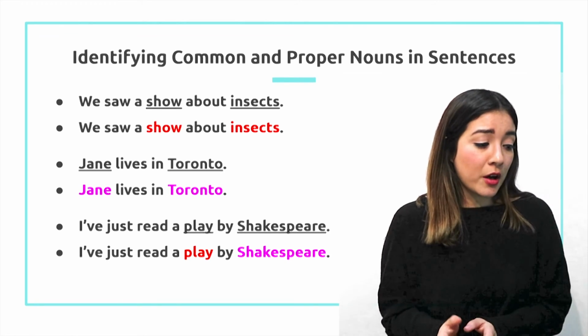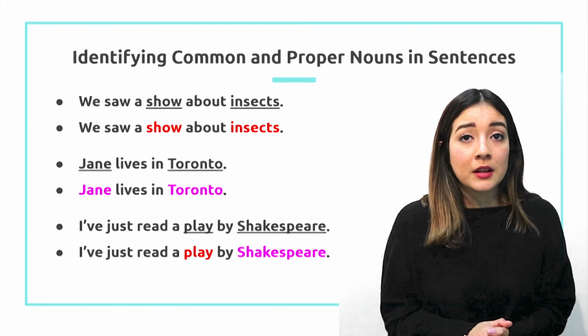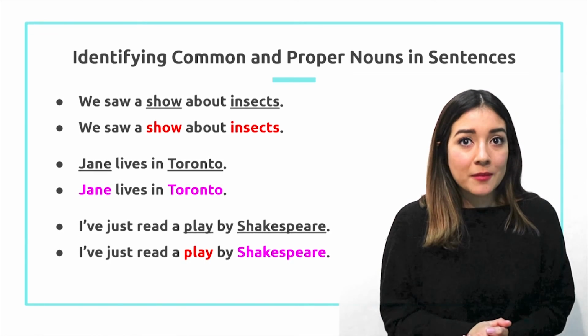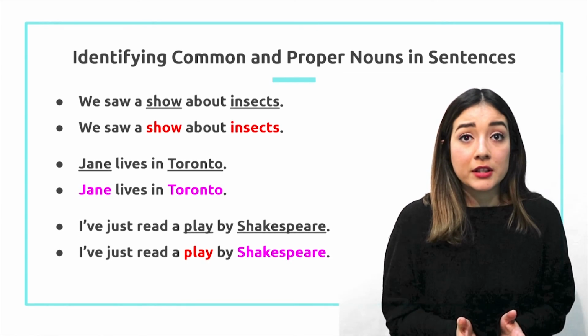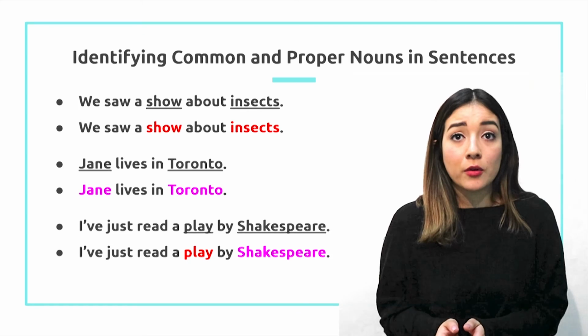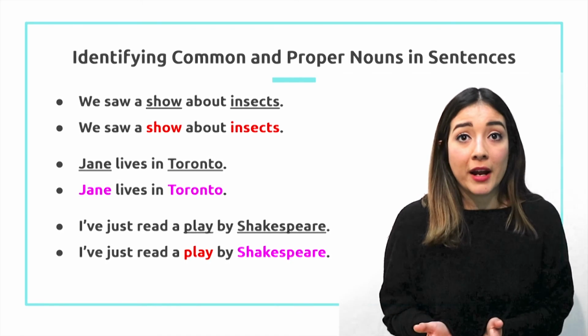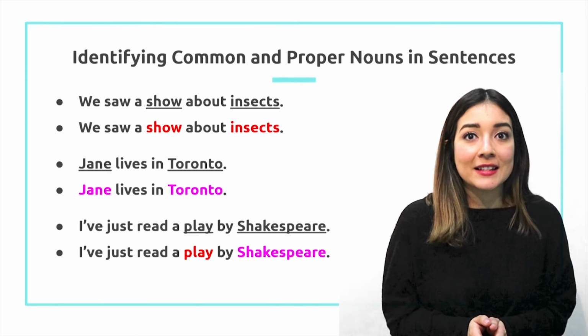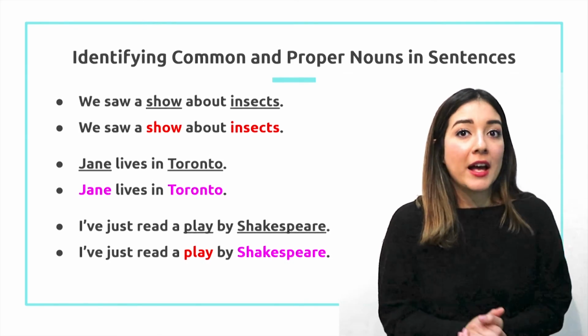Jane lives in Toronto. Jane and Toronto are both nouns, and at the same time, they're proper nouns. Jane being the person, lives in Toronto being a place. There's no question of who or where. In this case, we're able to identify both Jane and Toronto as proper nouns.